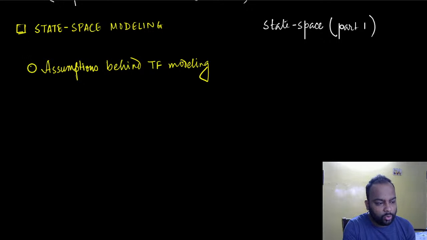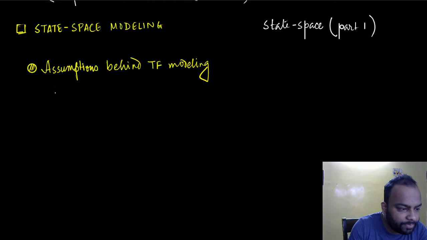You already know how to figure out things about semi-log graph papers, how to draw things on semi-log graph papers. And in the frequency response discussion, what you are referring to as Bode plot and Nyquist plot are called frequency response, and I shall deal with frequency response in the end, after we complete state space modeling. Anyway, assumptions behind transfer function modeling.